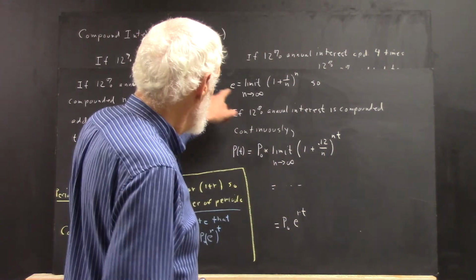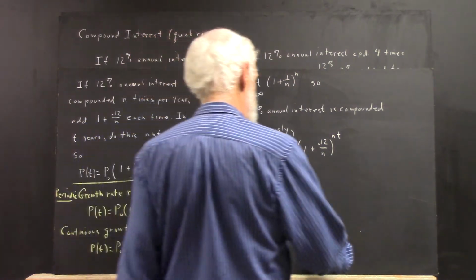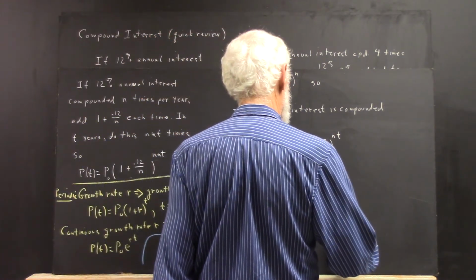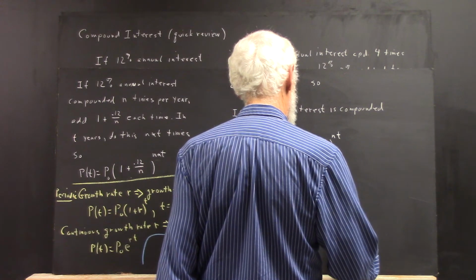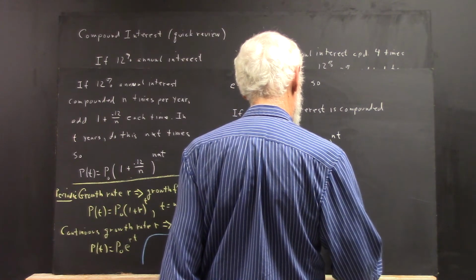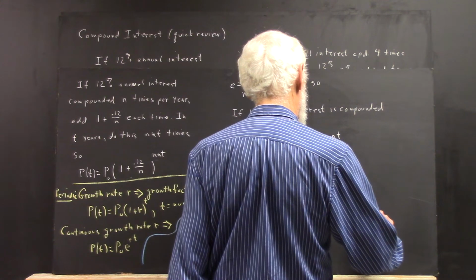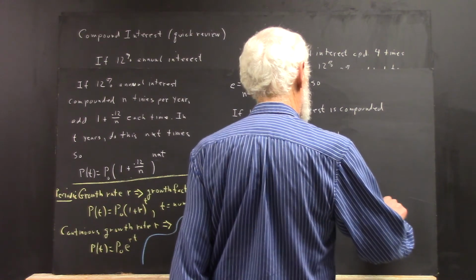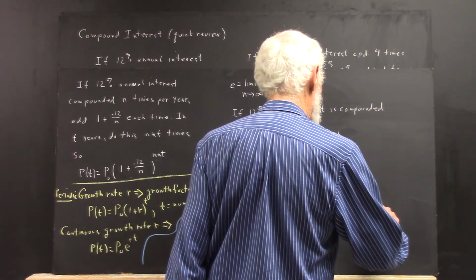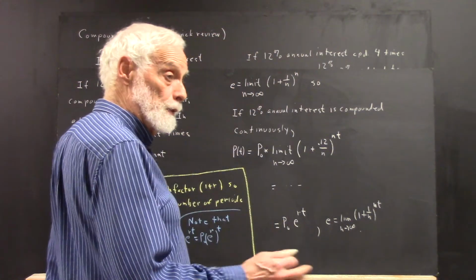Again, e is this number. e is the limit as n approaches infinity of 1 plus 1 over n raised to the n. And we've talked about this. I asked you to do some calculations of this. Just a brief review.